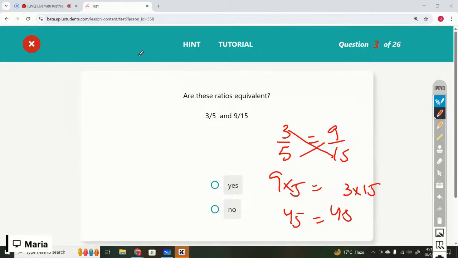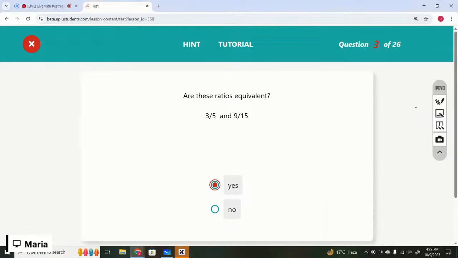So the correct option is yes, they are the equivalent ratios. So yes, they are equivalent. Option number 1 is the correct option.